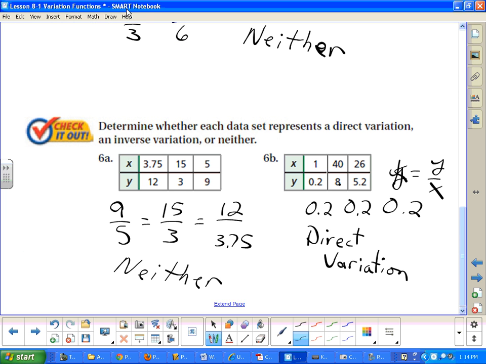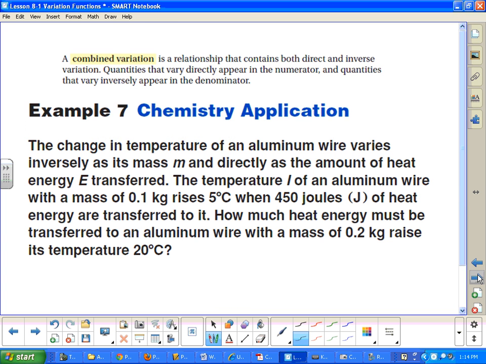Okay, so the last thing is combined variation. And combined variation actually uses all of the above. Combined variation looks like this, that y will equal k times x divided by z.